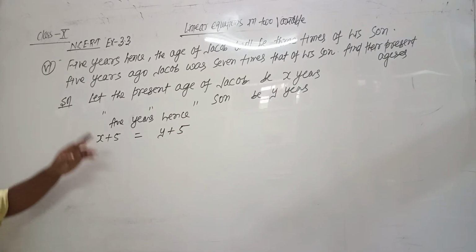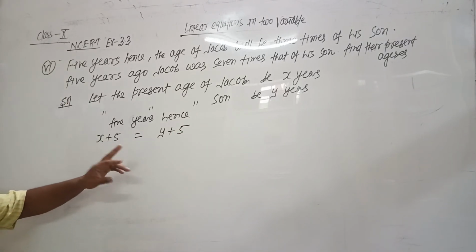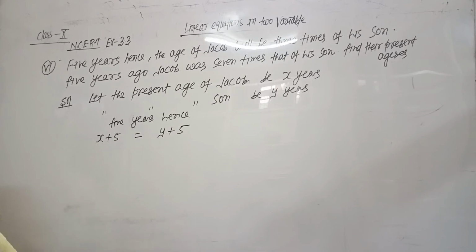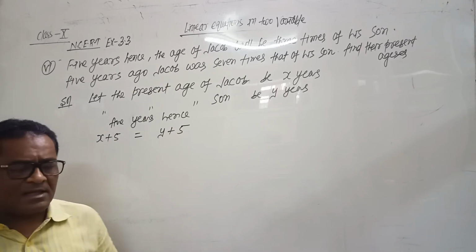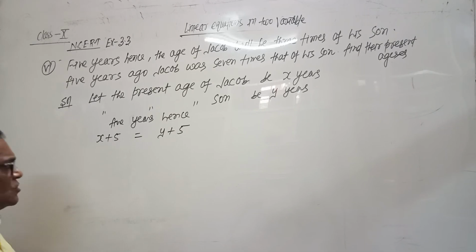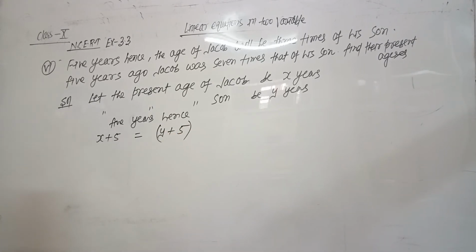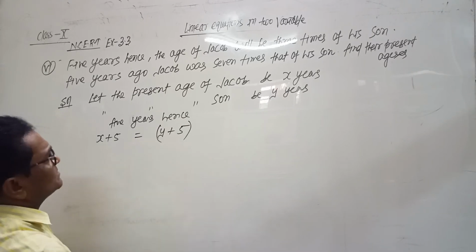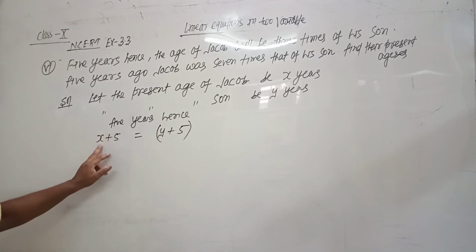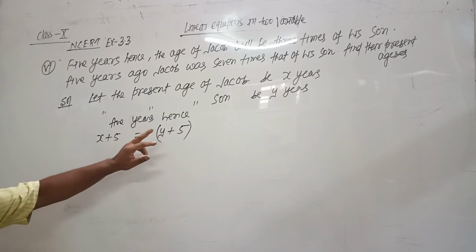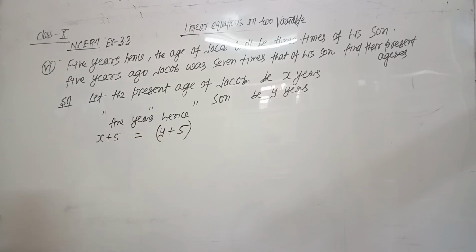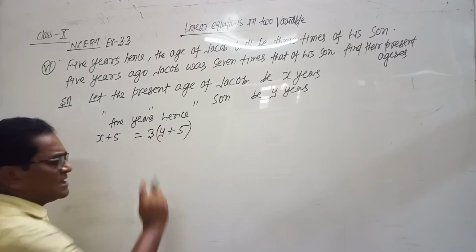Equate them. 5 years hence Jacob will be 3 times his son. Jacob's age will be 3 times the son's age, so whichever has 3 times or 2 times or 4 times attached, we multiply with that.